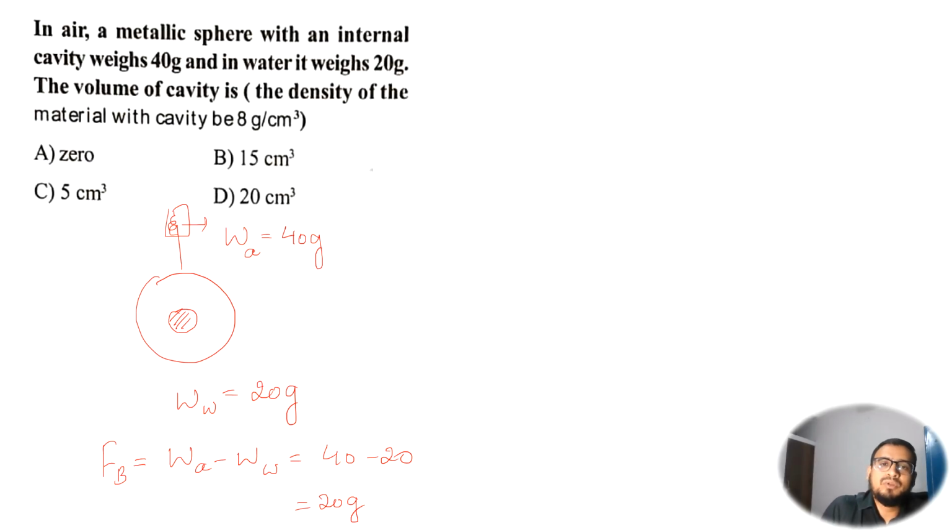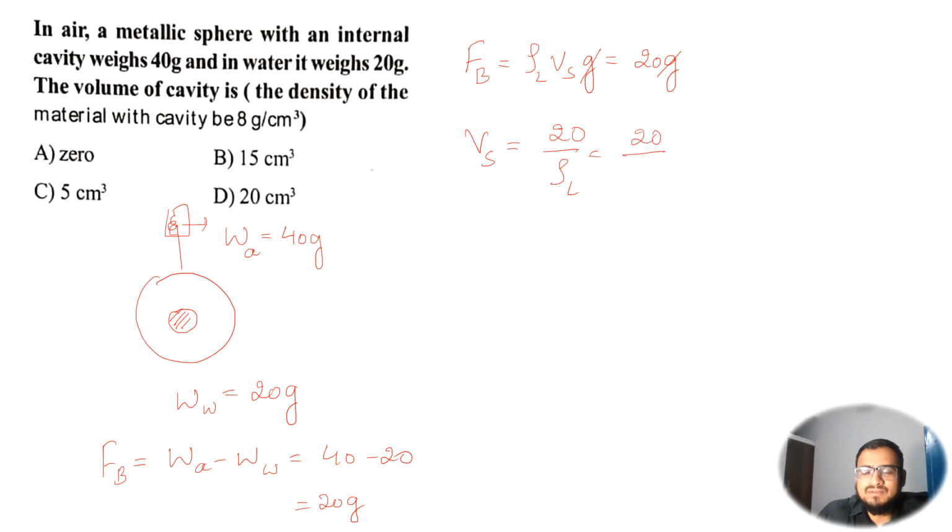We know the formula of force of buoyancy is density of the liquid times volume of the solid times g, which is 20 g. The g cancels, taking g as the acceleration due to gravity, and we get the volume of the solid as the force of buoyancy, 20, upon the density of the liquid, which is 1.